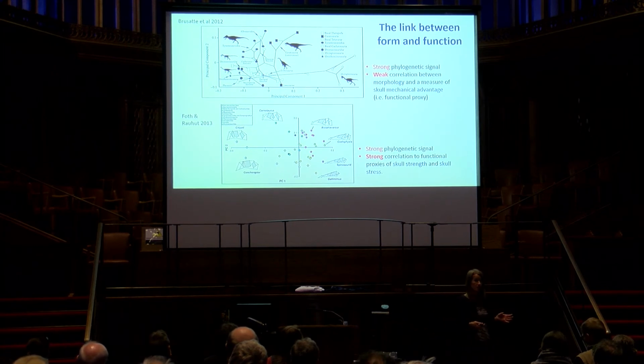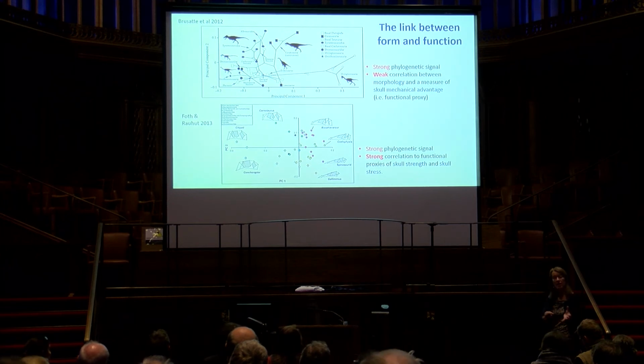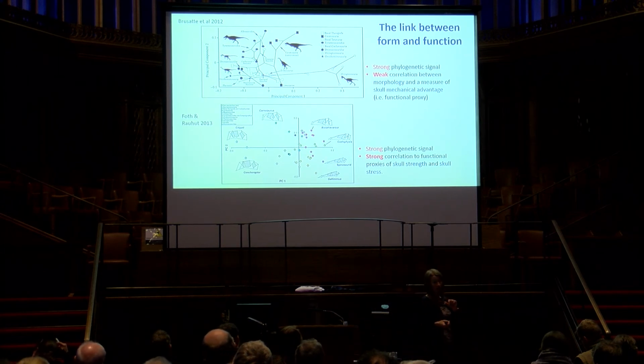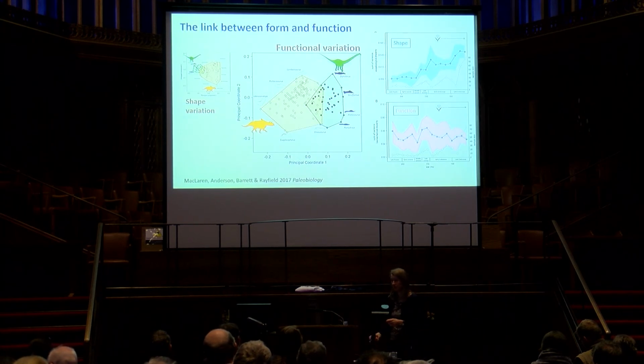Whereas the Foth and Rauhut study found quite a strong correlation between skull shape and skull function, when the proxy of function was a measure of skull strength, or my measures of skull stress that I showed you for those 2D shapes earlier on. So again, depending on which functional proxy you look at, there's either a good link between form and function or a not so good link between form and function.